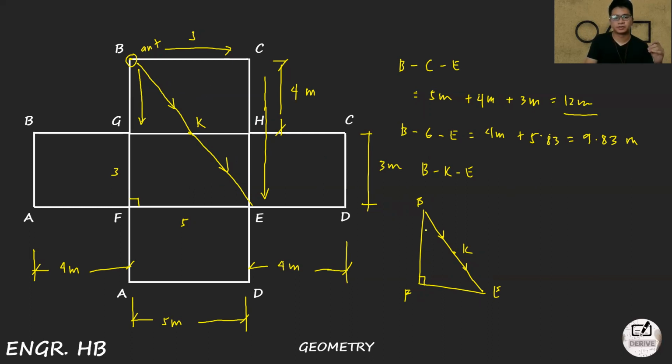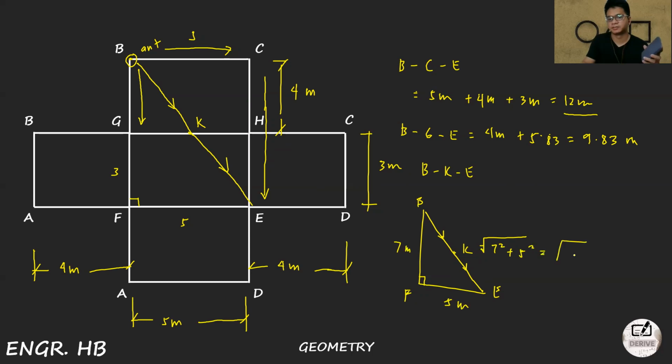Okay? So, we all know that B to F is 4 meters plus 3 meters. Siya yung B to F. So, that was 7 meters. And we all know that F to E is 5 meters. No? So, ang B to E is 7 squared plus 5 squared.